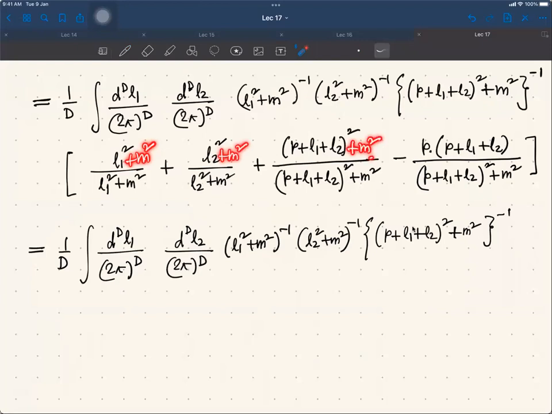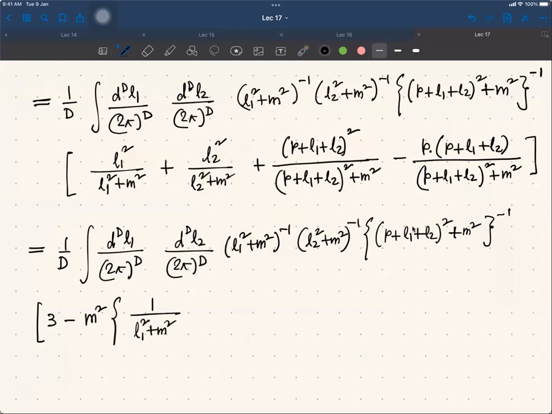And then subtract m square by this, then m square by this, and m square by this. But when I add m square, each one of those terms will become 1. So that will be 3. So 3 minus m square times 1 upon L1 square plus m square, 1 upon L2 square plus m square.